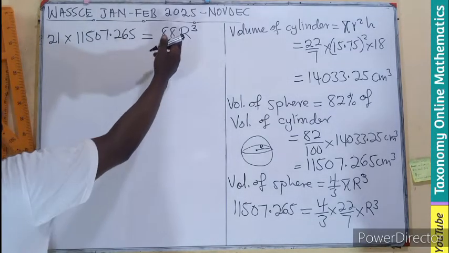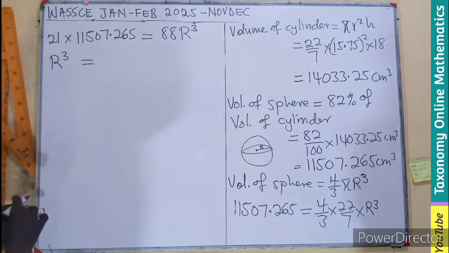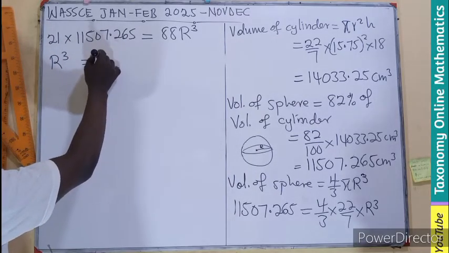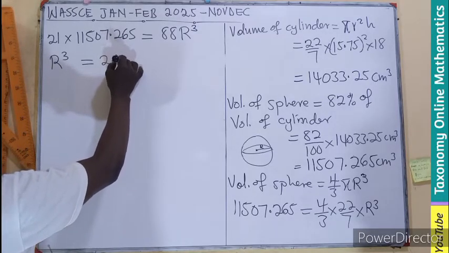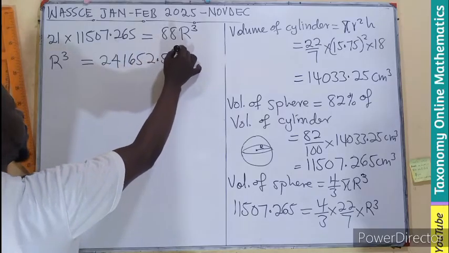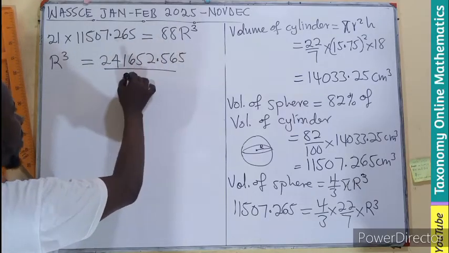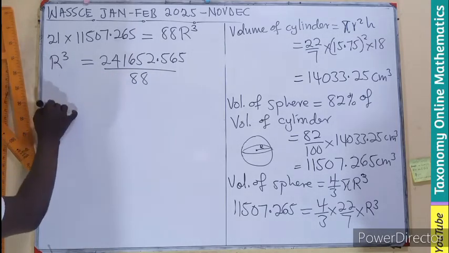But attention is on the R, so we maintain R to the power 3 equals 241652.565 divided by 88.